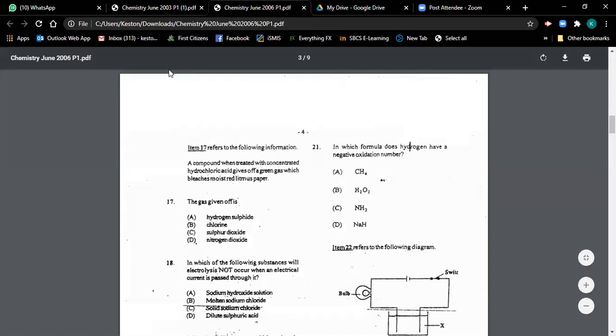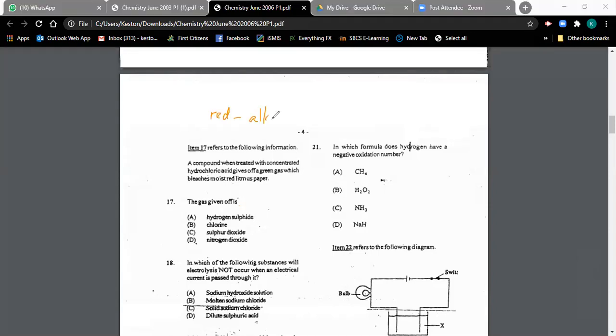A compound when treated with concentrated hydrochloric acid gives off a green gas which bleaches red litmus paper, right? Now, always bear in mind that red litmus paper is for testing for alkaline substances. And here we're treating something with hydrochloric acid. Which gas do we test for?